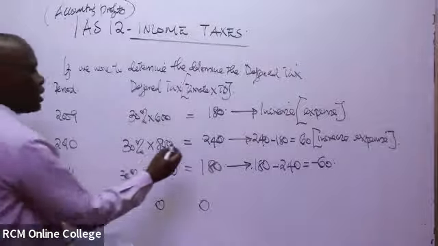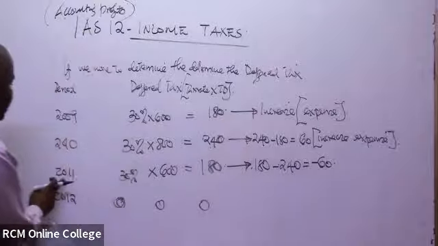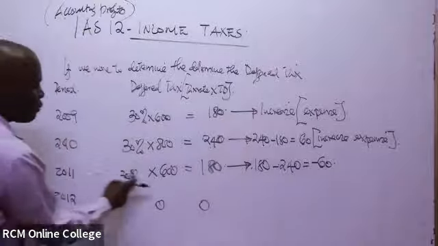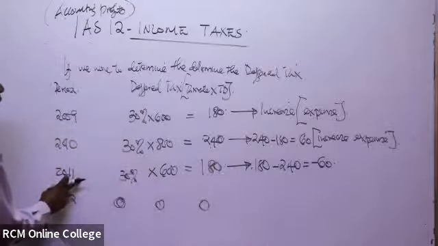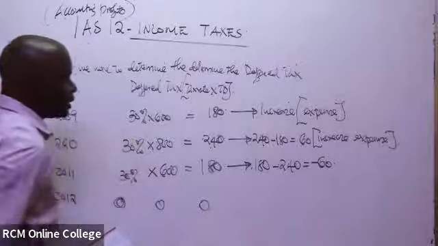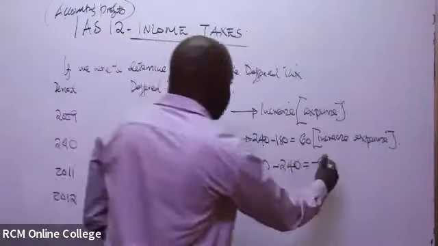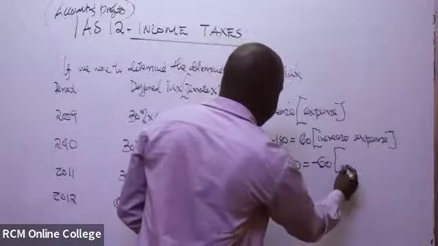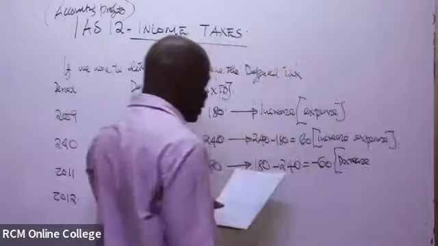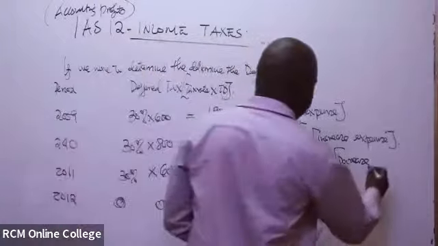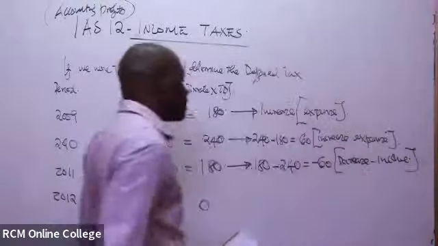Remember, this one you carried forward as a balance carried forward. So it was brought down in 2011. The deferred tax liability had moved from 240 by the start of the year to 180. So there was a drop, a negative of 60. If it is a decrease, then you treat it as what? As an income. So a decrease in this case will be treated as an income.